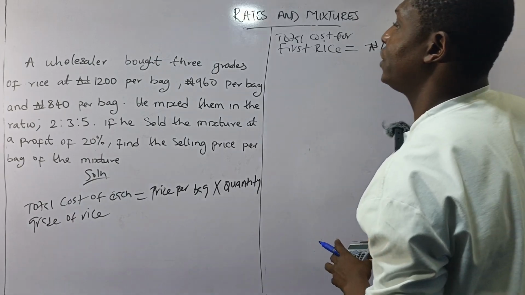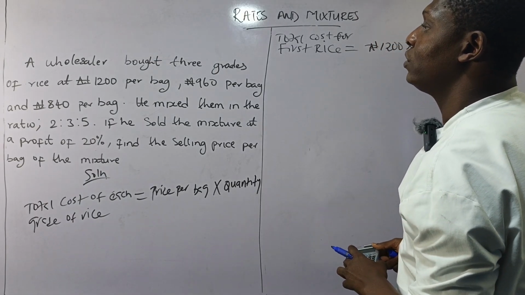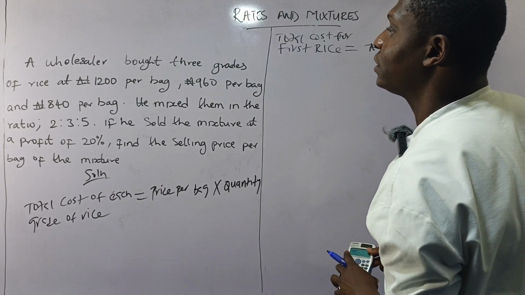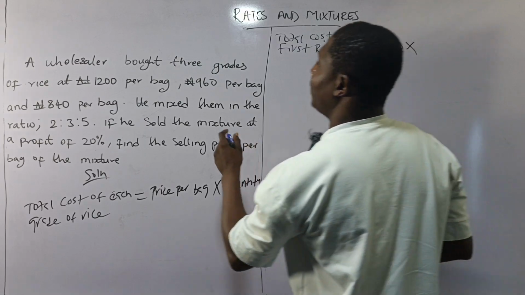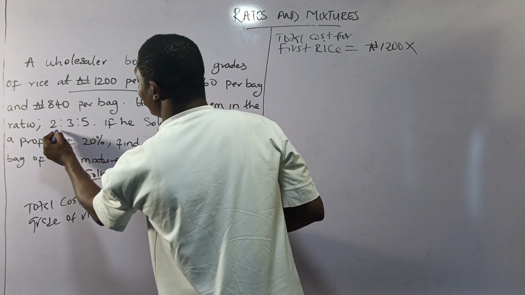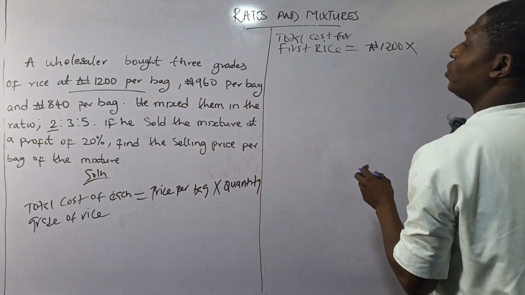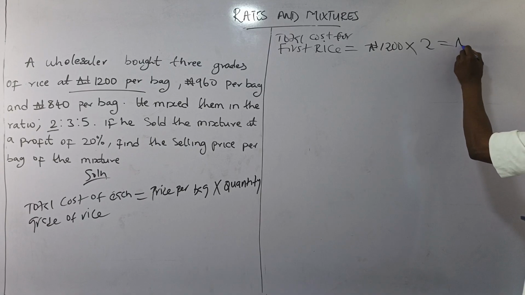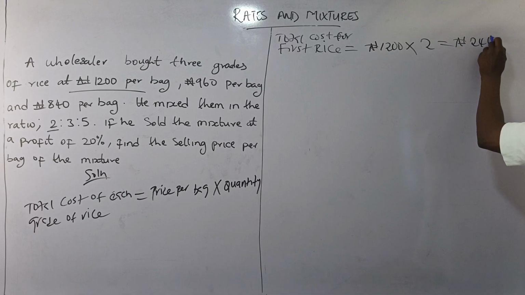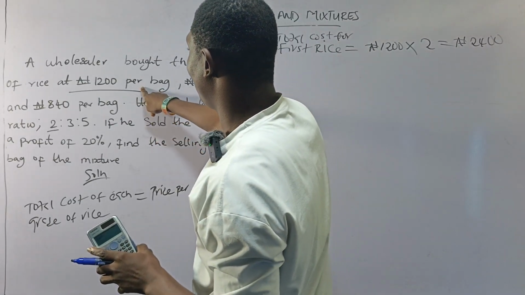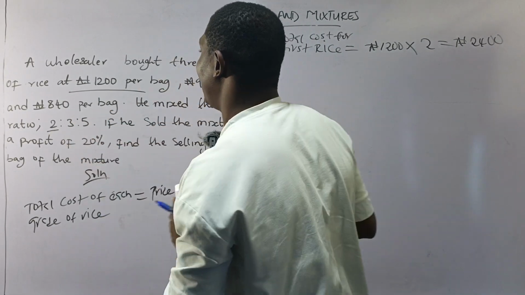The first corresponds with this ratio. So 1,200 times 2 will give me 2,400 naira for the total cost of the first grade of rice, which are 2 in number.